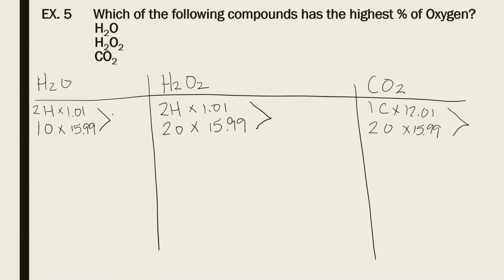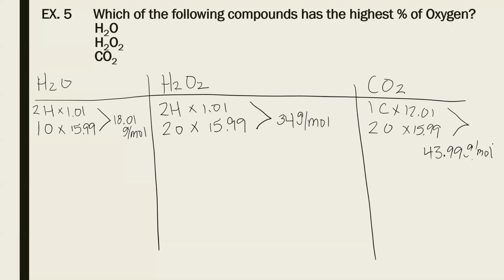All right, so my total mass for this one using these numbers is 18.01 grams over moles. For hydrogen peroxide, it's about 34 grams over moles. And carbon dioxide, 43.99 grams over moles. So you have to have those right, or we're just going to throw the rest off.